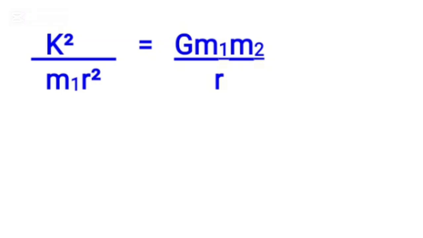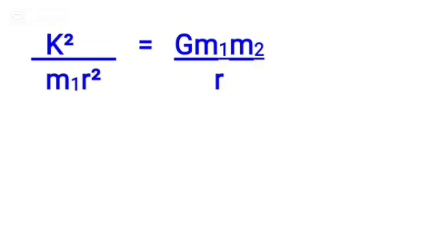That means they are interested in the gravitational constant and in you finding k. It's advisable for you to take k squared over m1 r squared is equal to G m1 m2 over r to find the dimension for k, though that is a longer process.